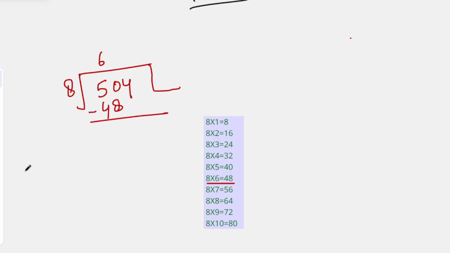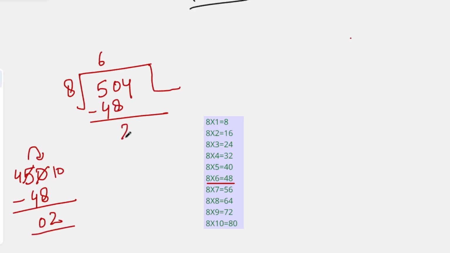Now we need to subtract. Remember subtraction we have learnt in our previous video. 0 minus 8 not possible. It will borrow and become 10. It will give away and become 4. 10 minus 8 is 2. 4 minus 4 is 0. So here we'll get 2 as the remainder.